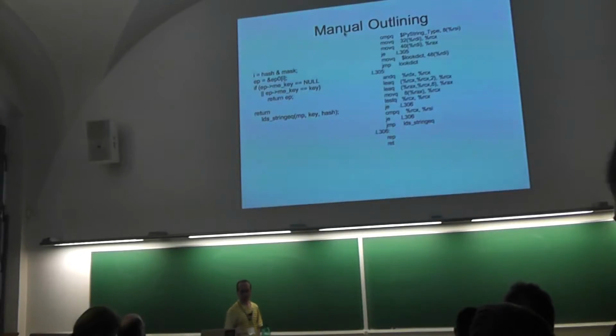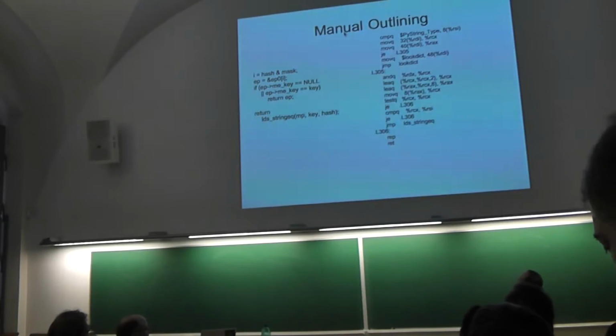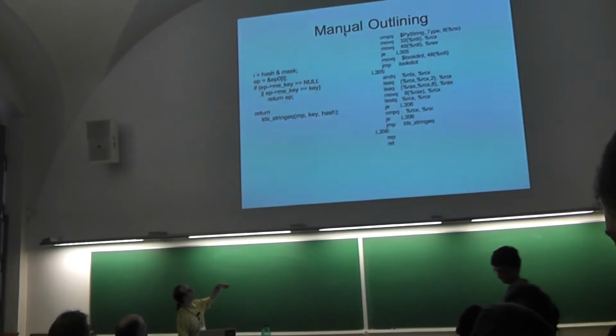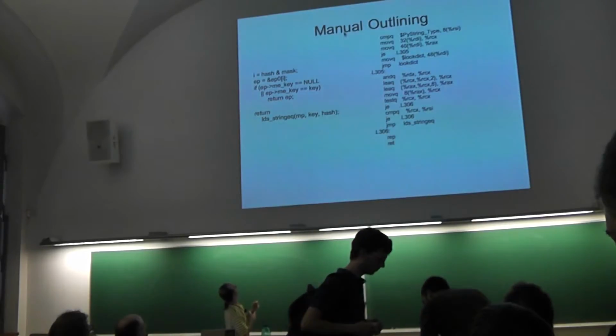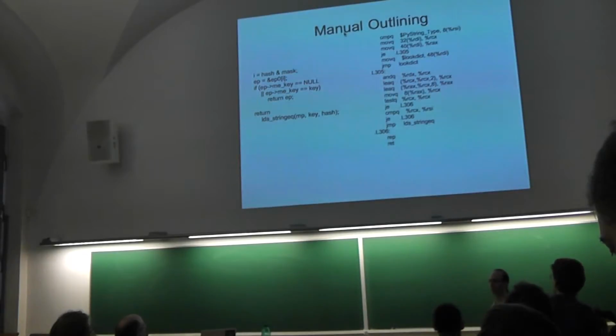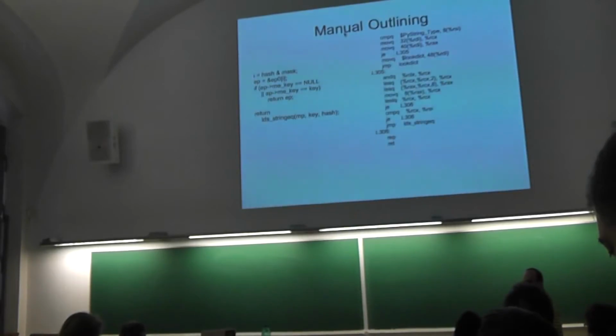One can see GCC's implementation isn't powerful enough yet, but if one takes that uncommon case that I showed at the beginning and manually separates it out into another function, all of a sudden that huge amount of stack allocation and traffic for the uncommon case drops away and all goes into this look-dict string special function. So all of a sudden you get a much smaller overhead for the stack allocation.